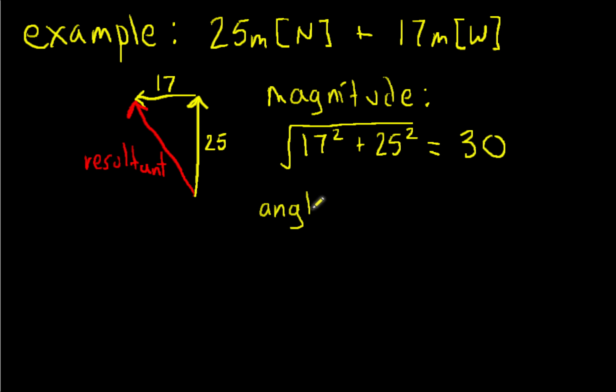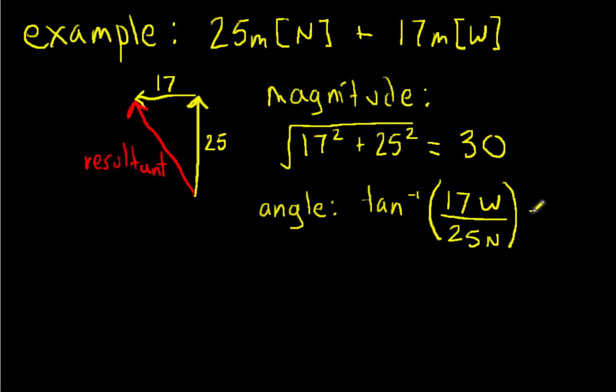The angle, and we can choose to either go 25 over 17 or 17 over 25. For this example, I'm going to go 17 to the west divided by 25 to the north. Tan negative 1 of this gives us an angle of 34 degrees. To construct our "of" statement, we notice that west is on the top and north is on the bottom.